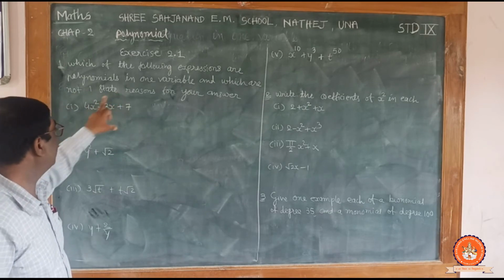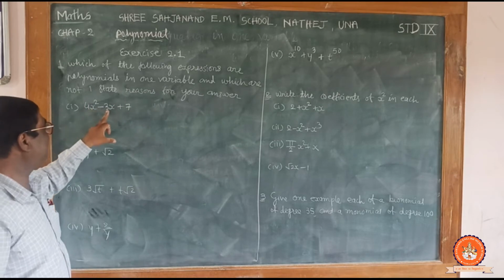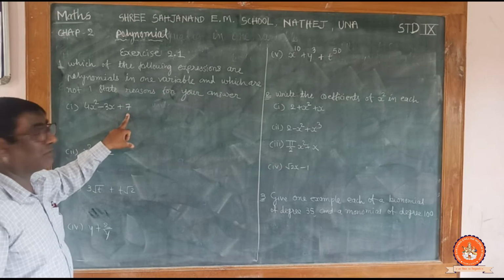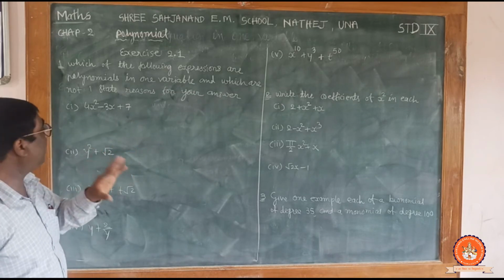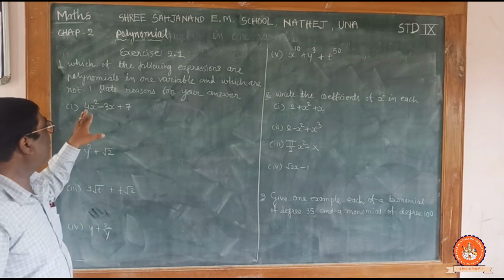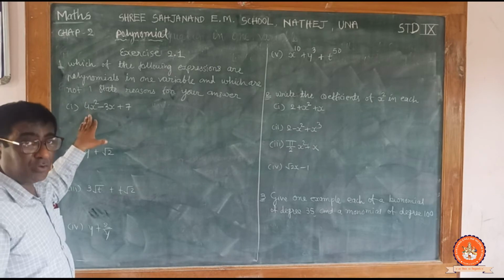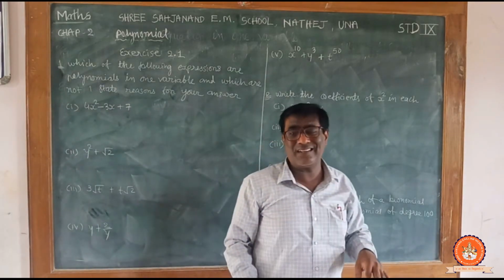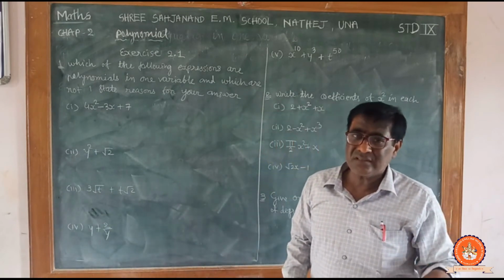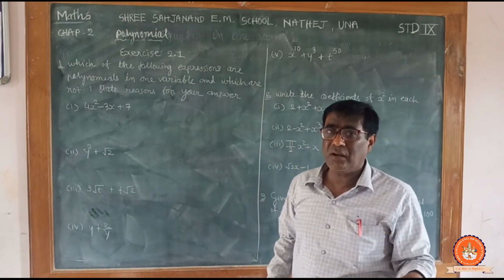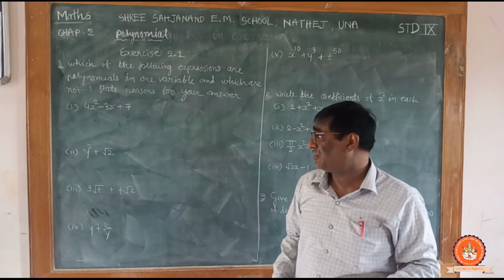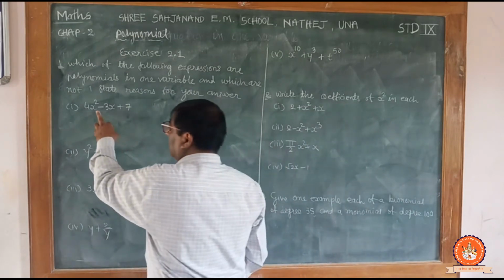Okay. Now look at it. 4x square minus 3x plus 3. So two things you have to keep in mind. Whether the given expression is a polynomial. The condition for any expression being a polynomial is that the powers of the variable in each term should be non-negative integers. Look at it.